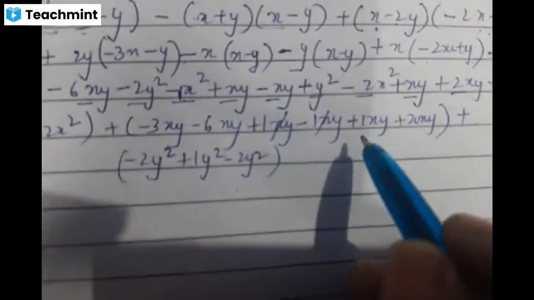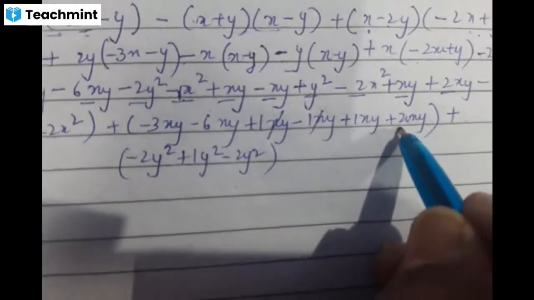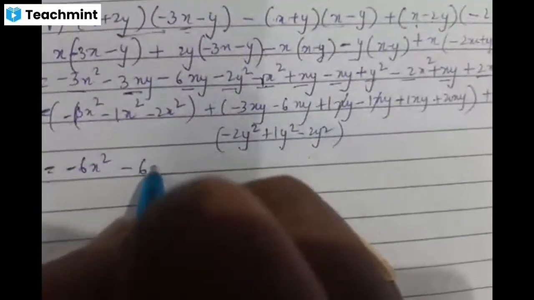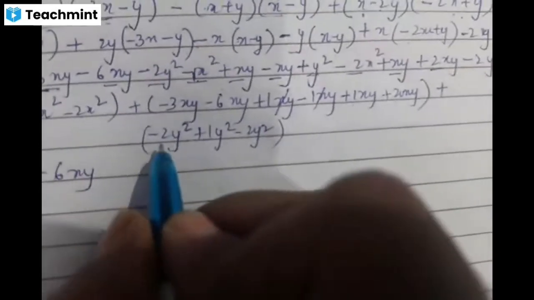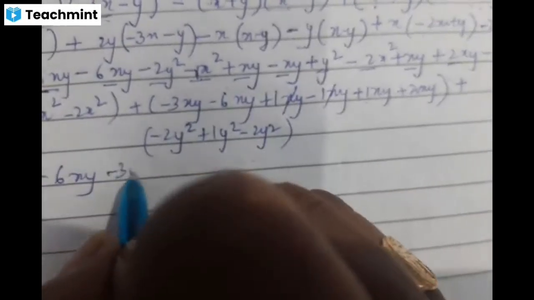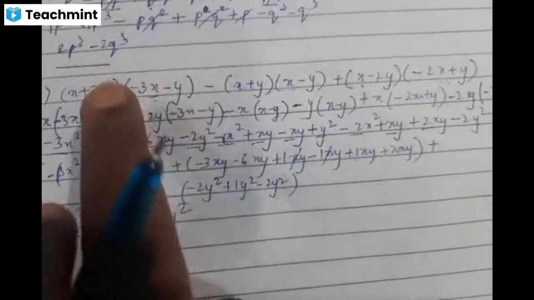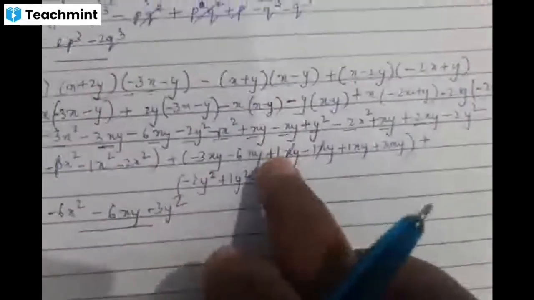And then minus 9 plus 1, minus 8. Minus 8 plus 2, minus 6. So minus 6xy. Here minus 2 plus 1, minus 1. Minus 1 minus 2, minus 3y square. So this way we have simplified the given three pairs of binomials.